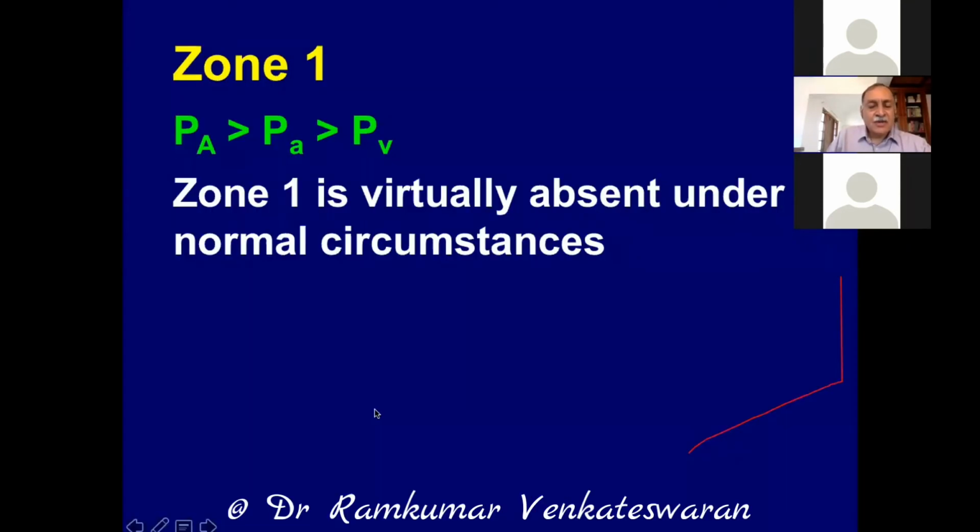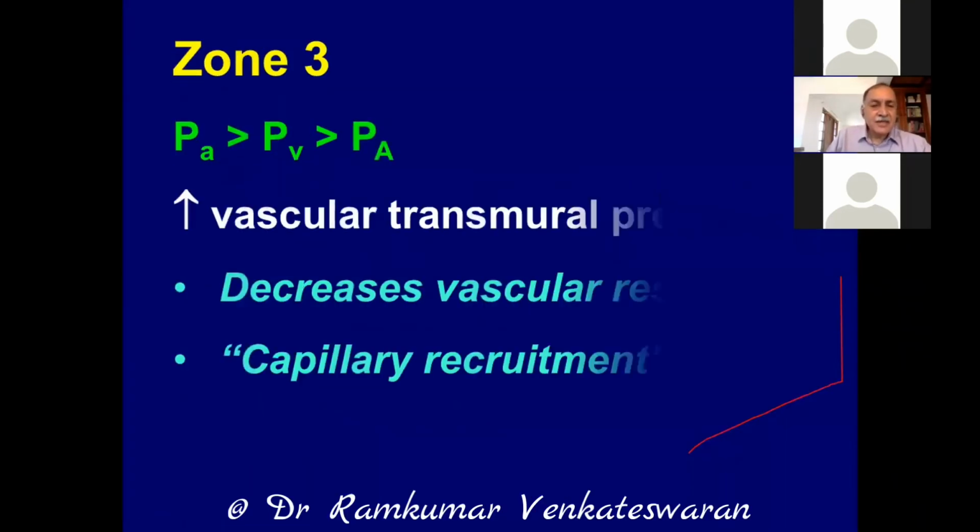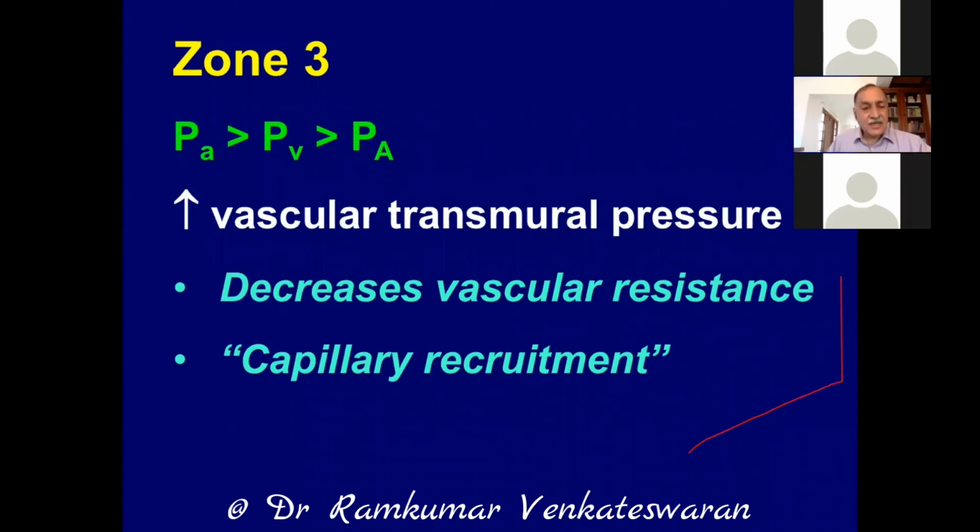And therefore, blood vessels are distensible, they get distended. And that's the reason why we get a decrease in the vascular resistance and what we call capillary recruitment as we go to the bottom of zone 3. From the top of zone 3 to the bottom of zone 3, blood flow increases. And also at a point you start getting capillary recruitment.